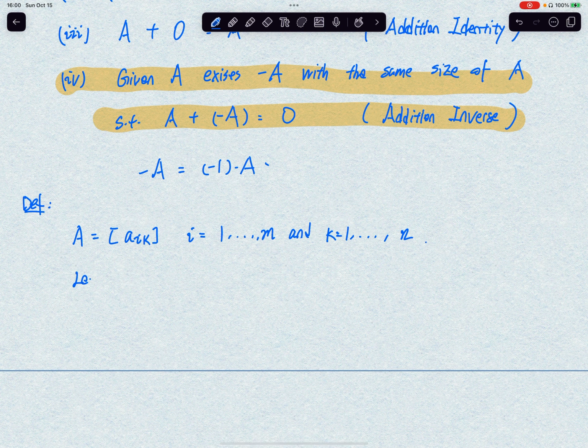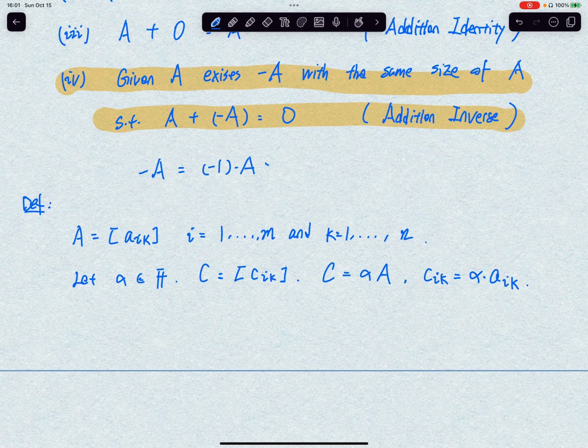And we let alpha be a number or a scalar in F. And if we have C equals (c_ik), and we say that C equals alpha A, it really means that c_ik equals alpha times a_ik.